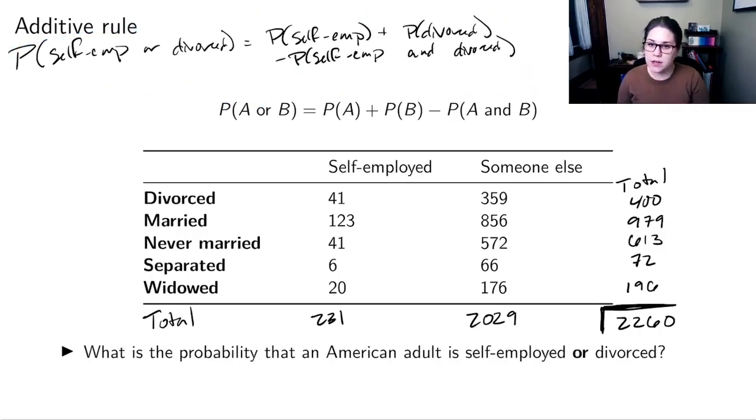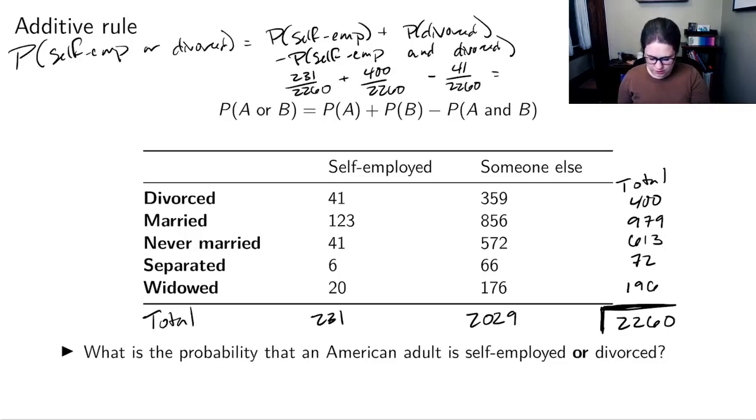The probability of being self-employed, that is the 231 out of 2260. The probability of being divorced, that's the 400 out of the same total. And then minus the probability of being self-employed and divorced, that's just the 41, 41 out of 2260.